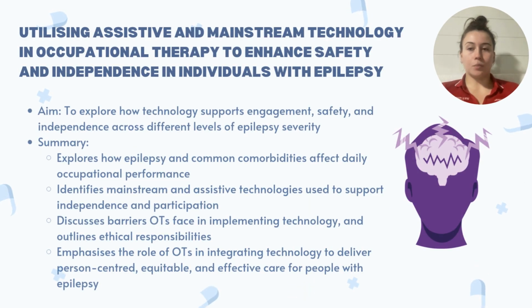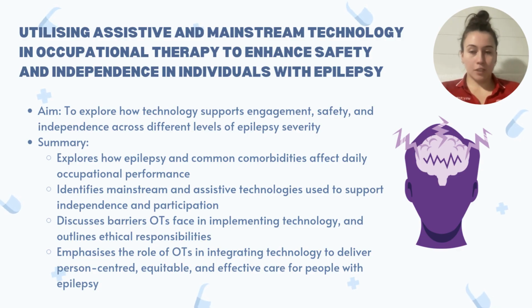My aspect of the report explores the use of assistive and mainstream technologies in occupational therapy for people with epilepsy. The aim of this was to understand how these technologies can support participation, safety, and independence, especially given the wide variation in how epilepsy impacts people's lives. This report covers 3 key areas. First, how epilepsy and common comorbidities affect occupational performance.